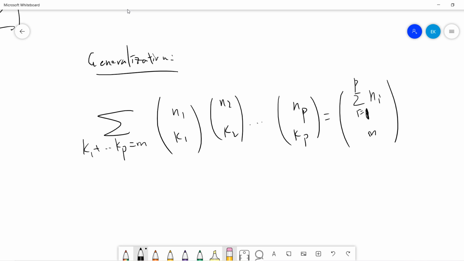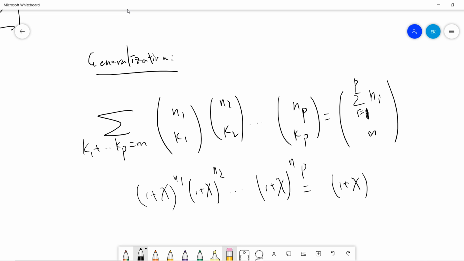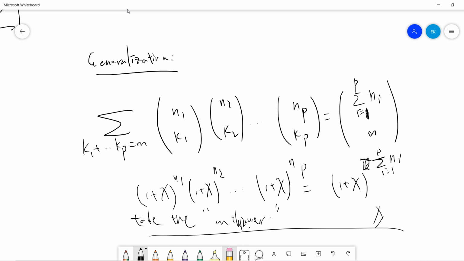This is obviously correct, and the reason is that you take (1 plus x)^n1 times (1 plus x)^n2 up to (1 plus x)^np, which is equal to (1 plus x) to the power of the summation of n_i, i from 1 to p. So that's the proof. The idea is exactly the same, just a generalization of the previous proof.